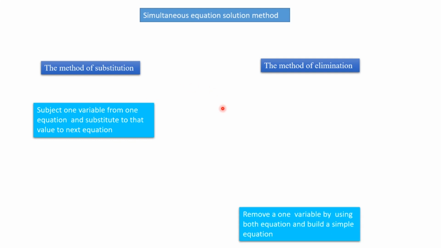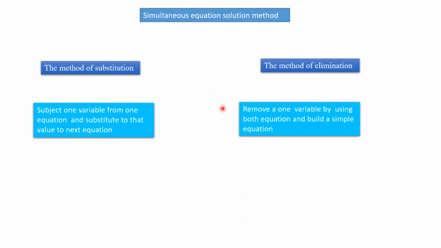And what is the elimination method? In the elimination method, we remove some variables and build a linear system, that means a linear equation, a simple equation, and then solve it. I think the better way to understand these is by using problems.